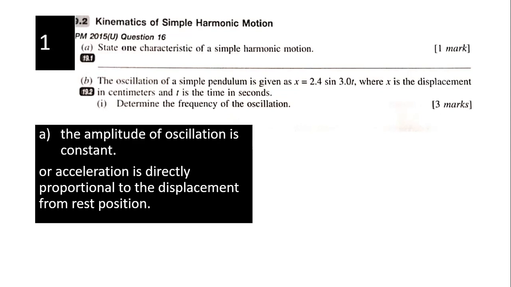Okay, the oscillation of a simple pendulum is given by the equation, where x is the displacement in centimeter, t is the time in second. Determine the frequency of oscillation.